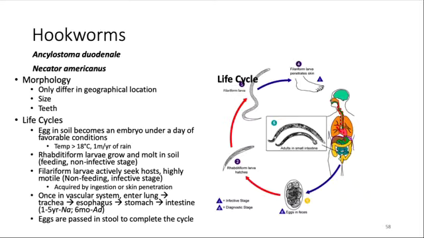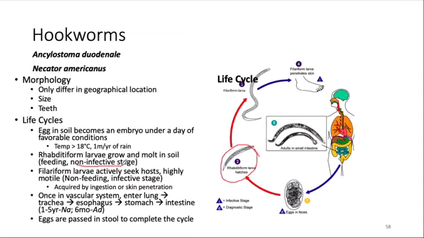In terms of life cycle, you have a few details that I want to point out here on this slide. When the eggs hatch into a larvae, there is a first larvae known as the rhabditiform larvae. The rhabditiform larvae is more of a feeding stage where it does a lot of feeding, but that stage is not infective.